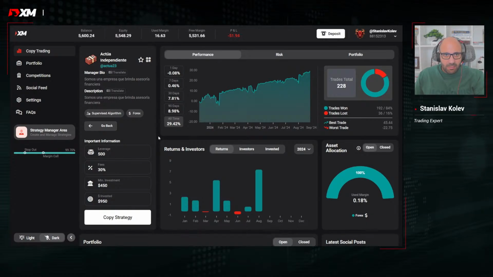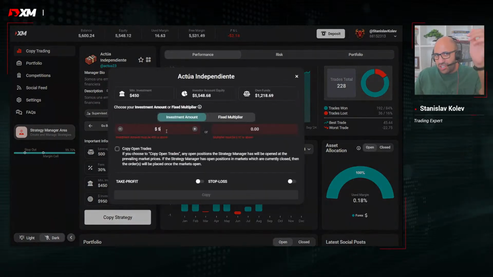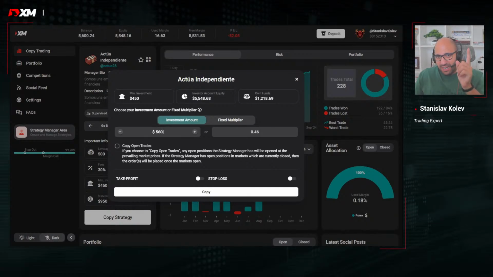So, Actúa Independiente, I'm going to follow. I'm going to copy that strategy. I'm going to put 560, which is exactly 10% of my account. When you're copying, of course, it's your personal decision, but I just do the investment amount and the multiplier is calculated by itself.